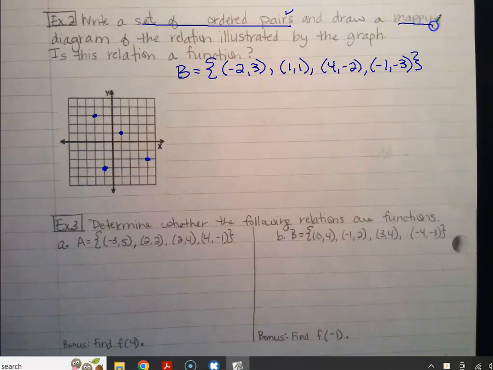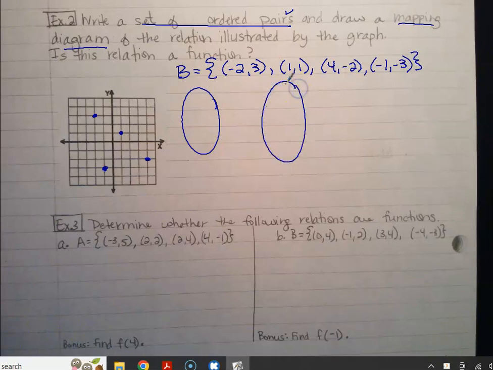Now we need a mapping diagram. Okay, so what numbers am I going to put in my domain over here? Bailey, can you tell me what numbers are going to go in the domain side over here?